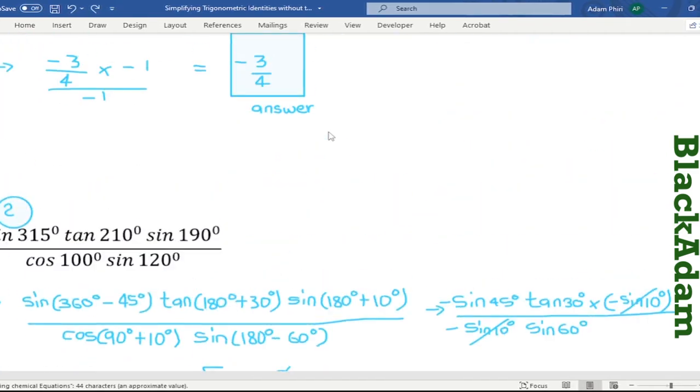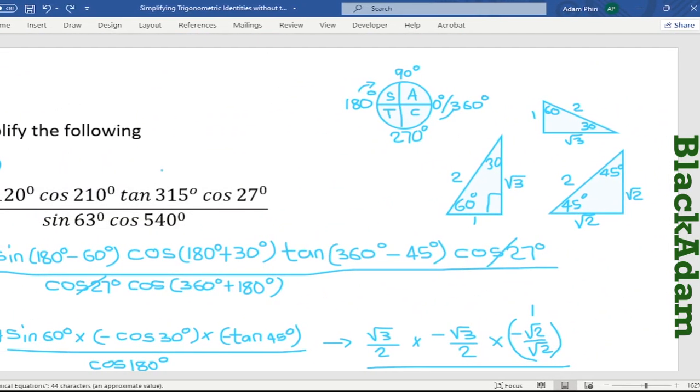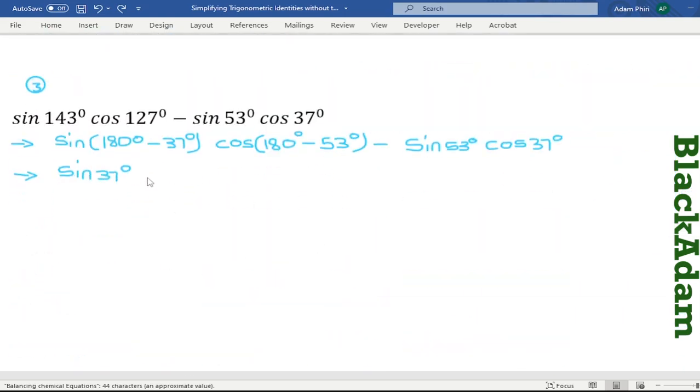And then we have cos of 180 minus 53 degrees. That would be negative for cos, so that would be negative cos 53 degrees. And then minus sine 53 degrees, cos 37 degrees. And then from there, that will be negative sine 37 degrees multiplied by cos 53 degrees.